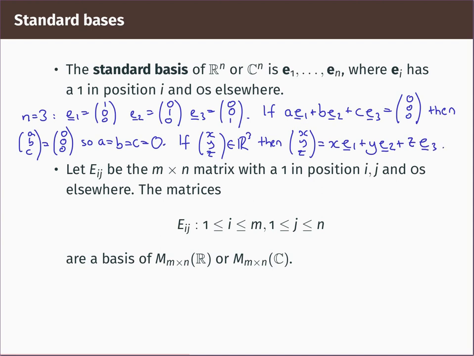That proves that e1, e2, e3 is a spanning sequence for R cubed, because we've shown that every vector in R cubed can be written as a linear combination of e1, e2 and e3. Again, the proof will be precisely the same for C cubed, and completely analogous for any other value of n.